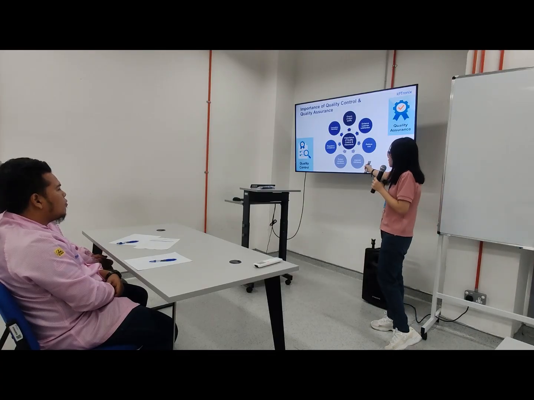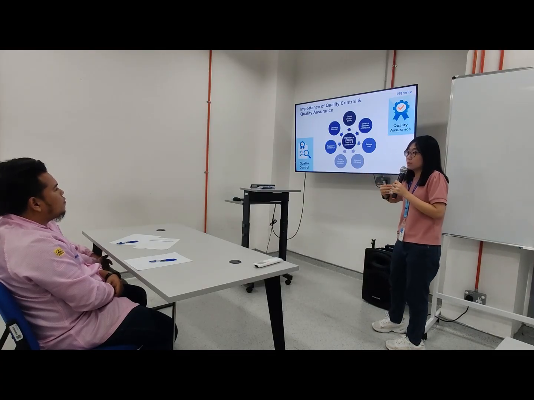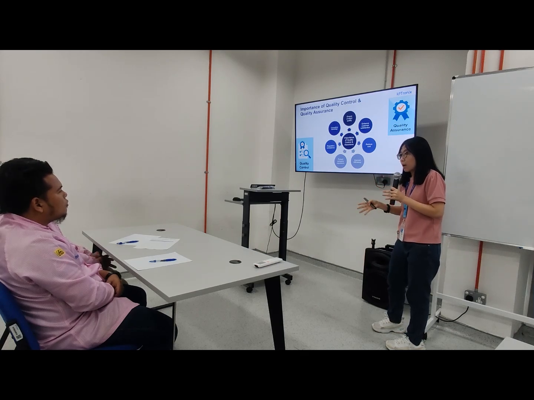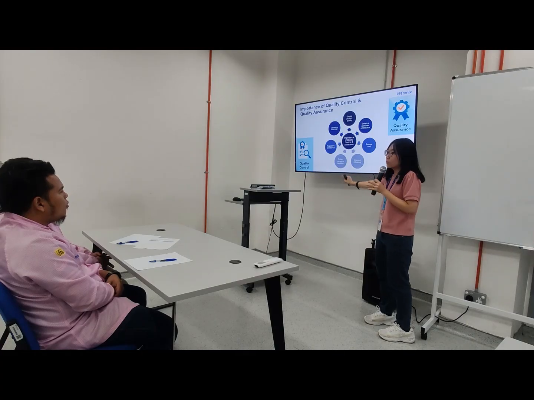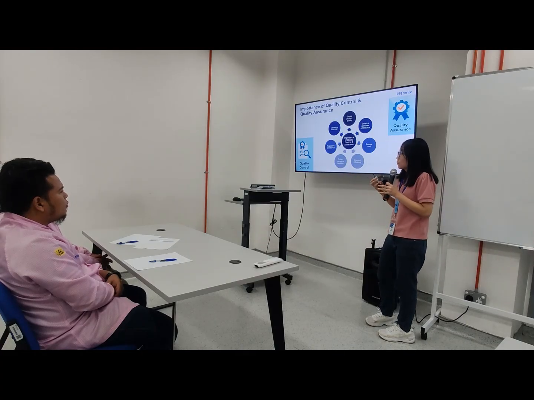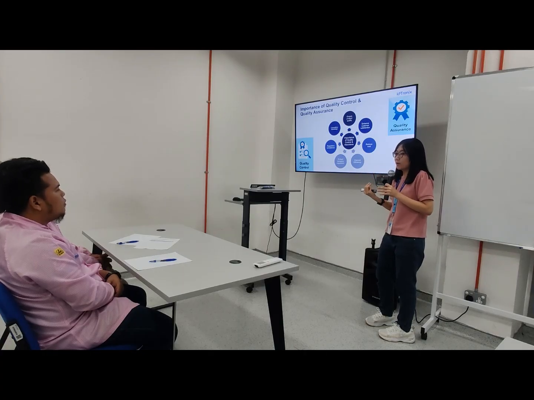And we can improve our efficiency. When production efficiency is improved, then we can ship the product on time. Next, we protect the company reputation. Our products ship on time and customers are also satisfied, so we have more business coming in.